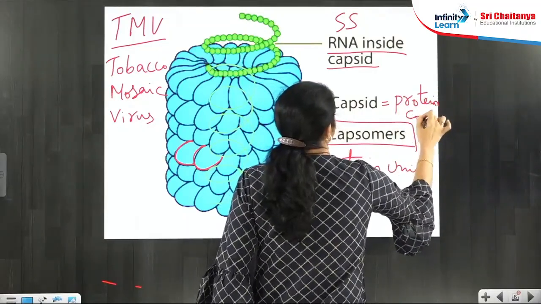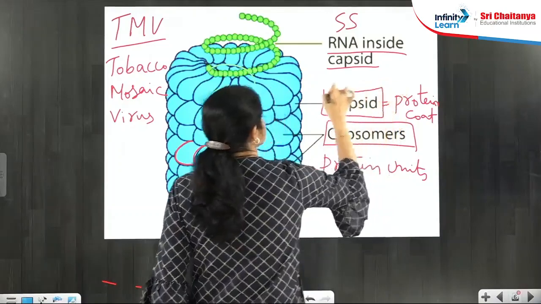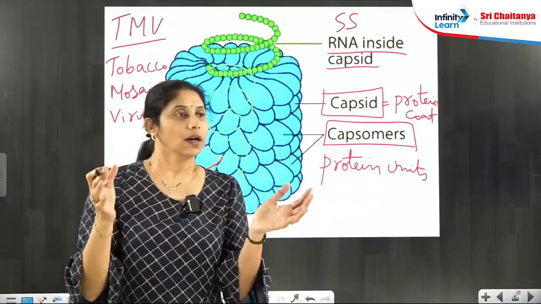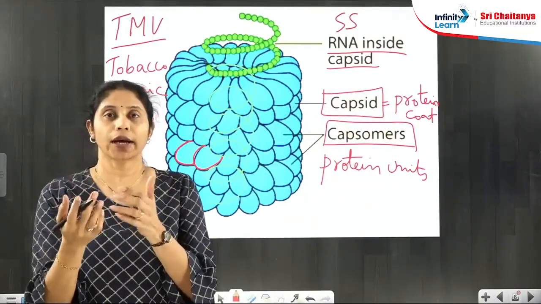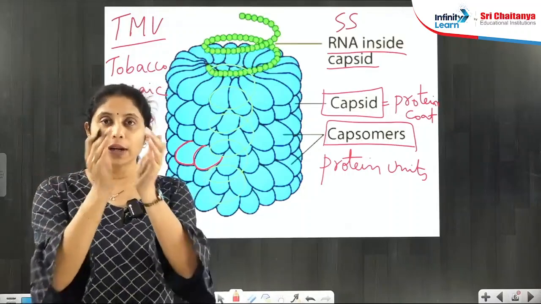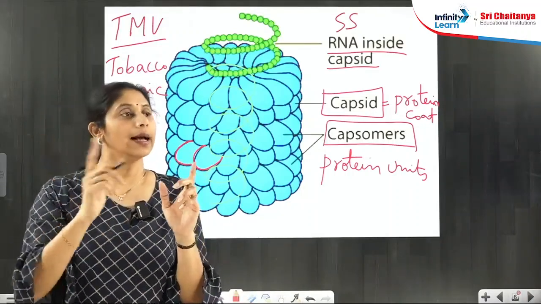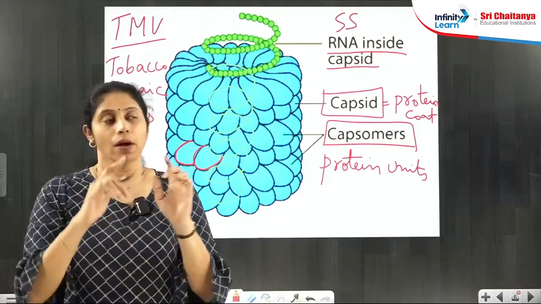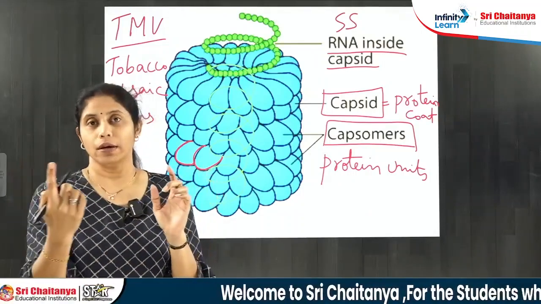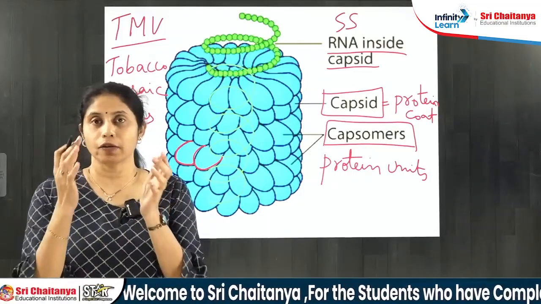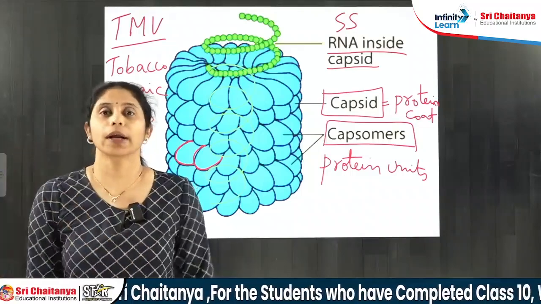What is the name of the protein coat in the virus? It is called the capsid. The nucleic acid is in the center, and around it in a helical manner, with helical symmetry, the protein units are arranged, giving protection to the inner nucleic acid.